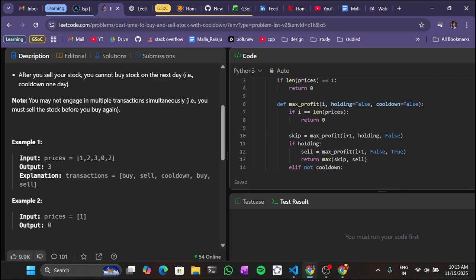And we have to keep a profit value, will return 0.